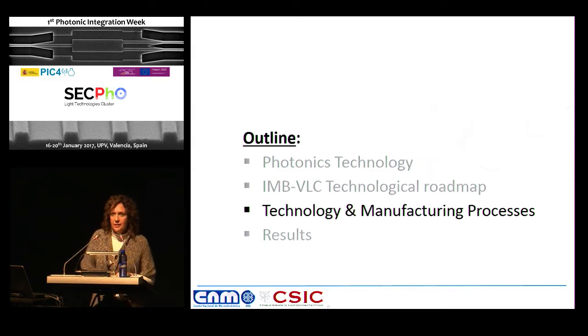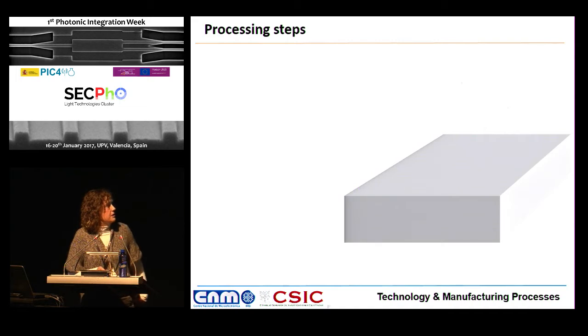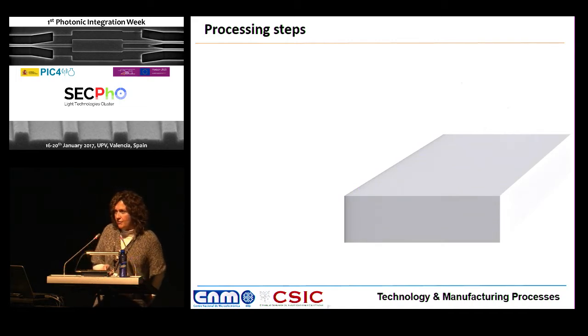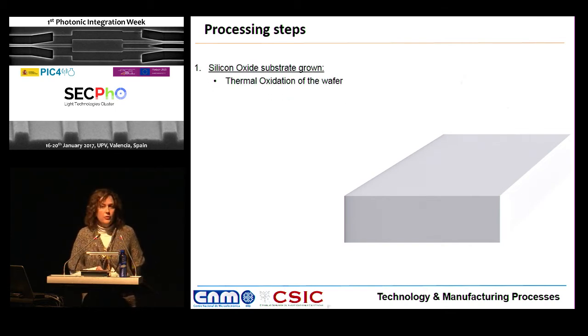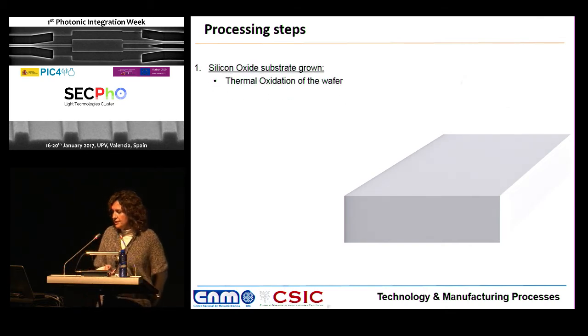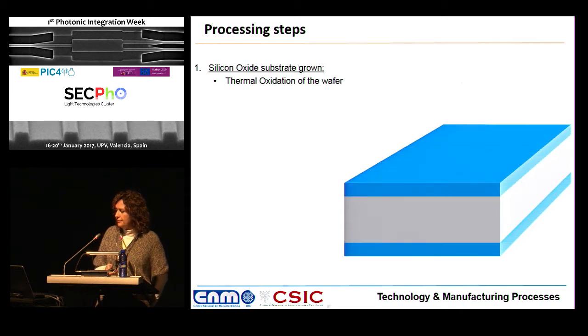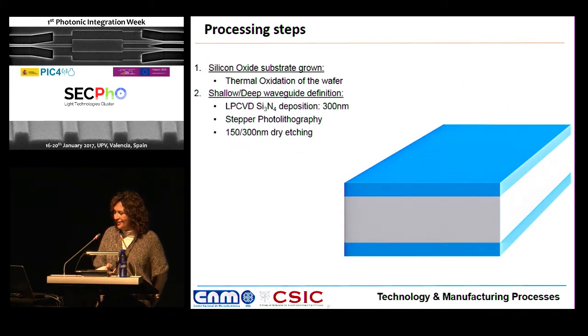So now I'm going to talk about the technology and manufacturing processes to make these photonic integrated circuits. Starting with a silicon wafer, we work with 100 millimeter wafers, 500 microns of bulk silicon.